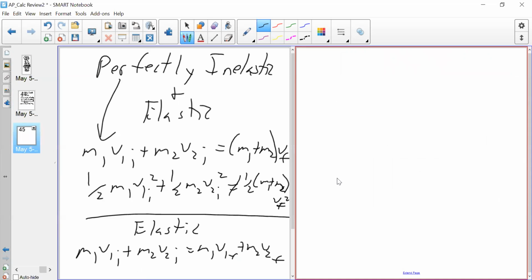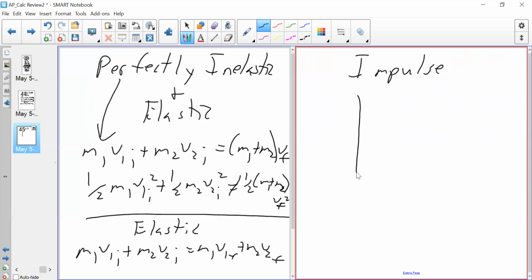All right, so to wrap things up, we'll talk a little bit about the impulse graph of force versus time.